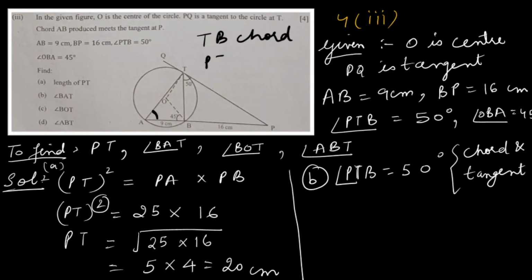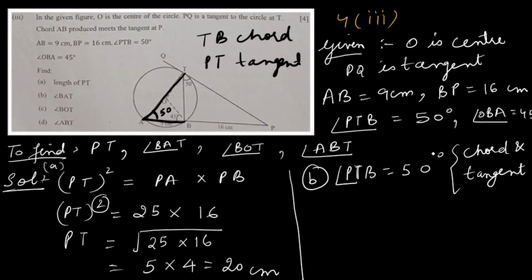Whenever you see an angle between chord and tangent, you just extend the endpoints of the chord. T is one point, B is one point. If you extend, they are meeting at point A on the circumference of the circle. So these angles will be the same by the property angles in the alternate segment are equal.